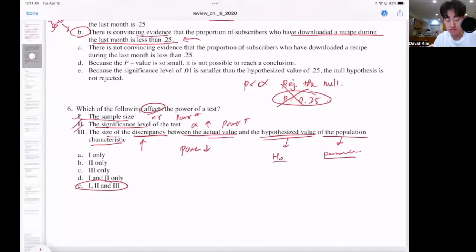So it's E. If you go back to your notes, this third bullet point is phrased a little differently from the textbook definition, but the value of the population characteristic is the fancy way of saying a parameter. I think that summarizes the whole deal there.